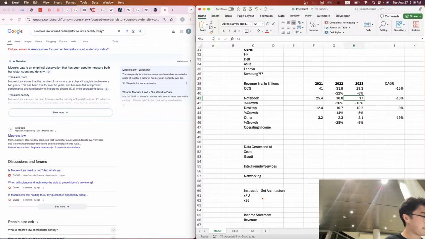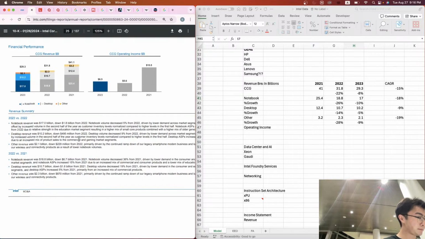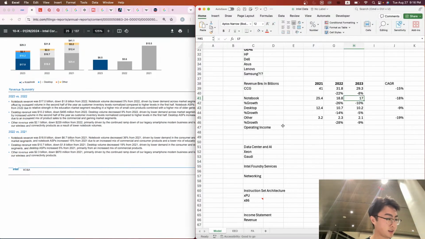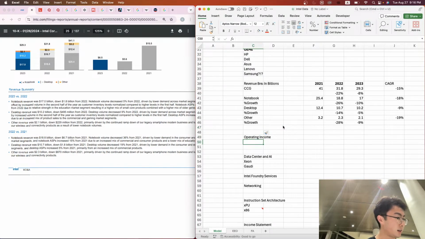Okay. Let me see. Operating income. Yeah, that should be interesting. Yeah, operating income surprisingly has increased. I guess overall has decreased, right?